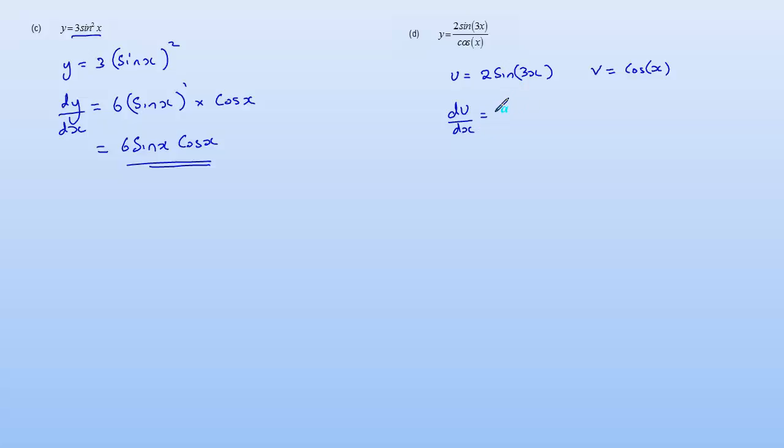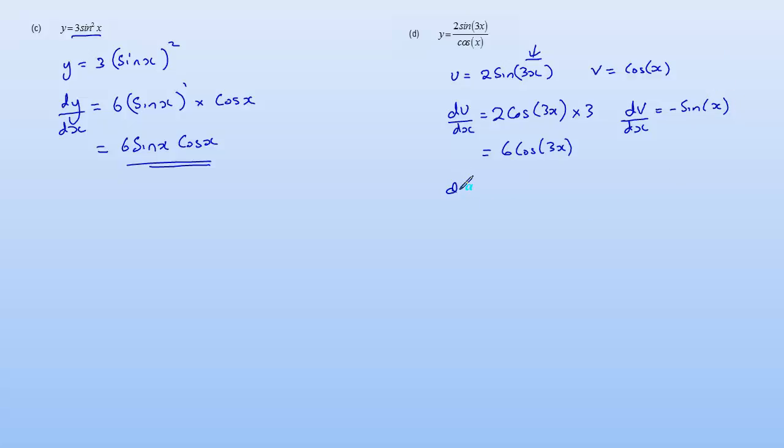Sine differentiates to cos, so that's 2 cos 3x, but then the inside function here is the 3x. So we need to multiply by the differential of that, and that will give us 6 cos 3x. And dv dx, well, cos differentiates to negative sine, so that's going to be that.